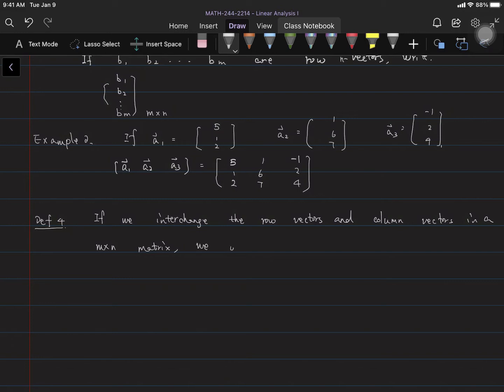Okay. N by m, switch the order of the row and the column, an n by m matrix, called the transpose of matrix A, and denote it by this one.